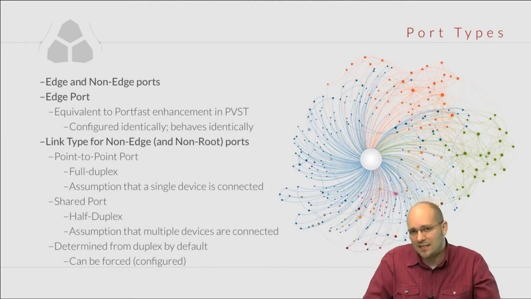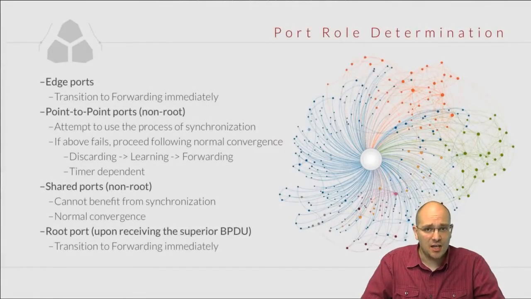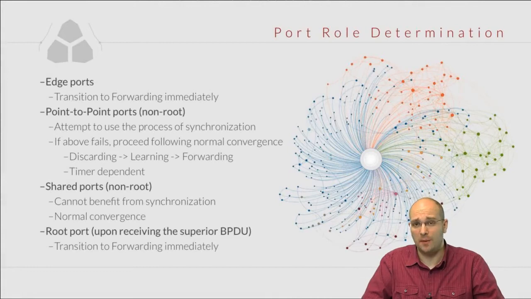But let's take a look at why this is important for the rapid spanning tree convergence. During the convergence, edge ports and non-edge ports behave differently. Also, the non-edge port that will become the root will behave differently than other non-edge ports. So let's take a look at this. The edge ports are going to transition to the forwarding state immediately.